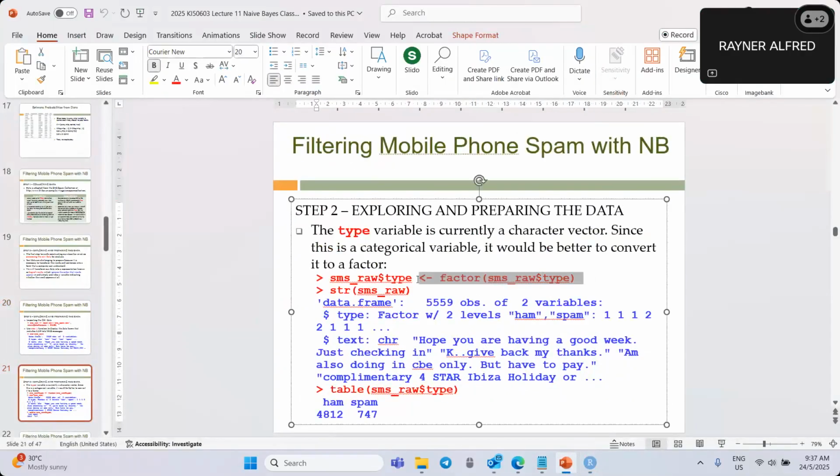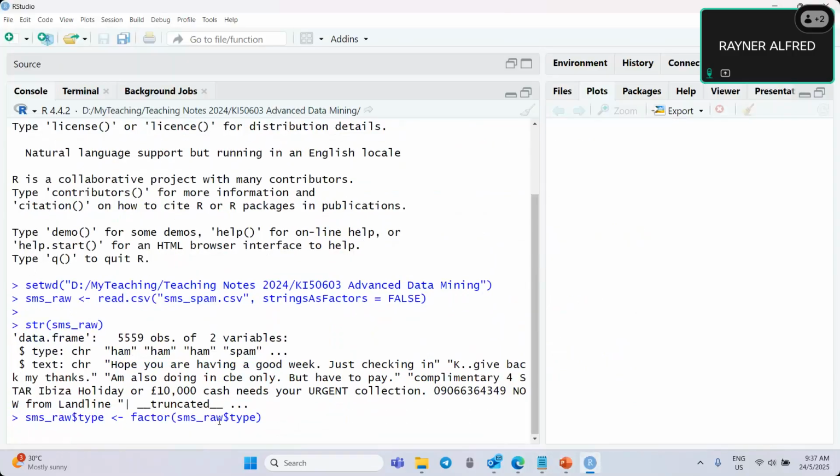How do we convert them? We take this data set and focus on this column, and change it into a factor.